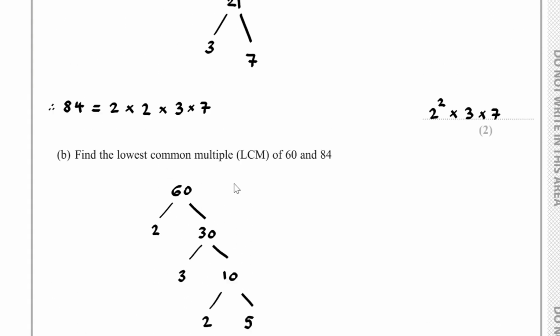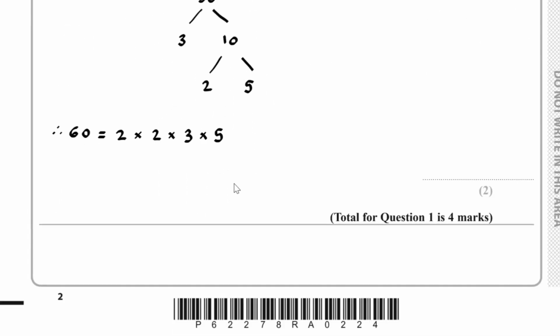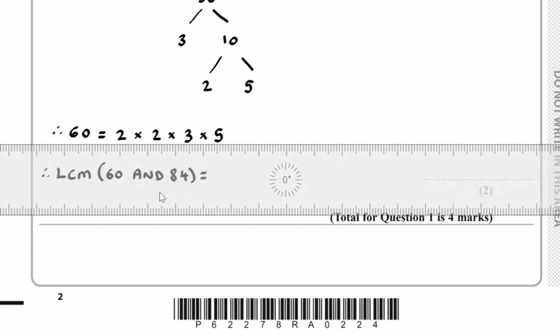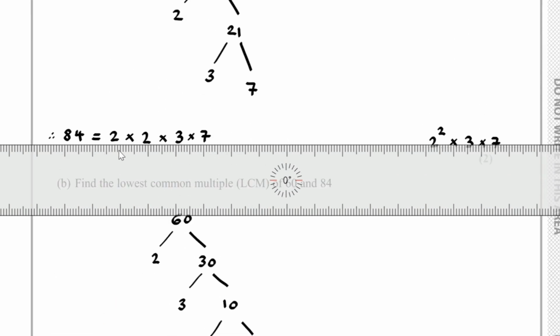So when we come to find the lowest common multiple of 60 and 84, well, we've got this 2, which is common to both.